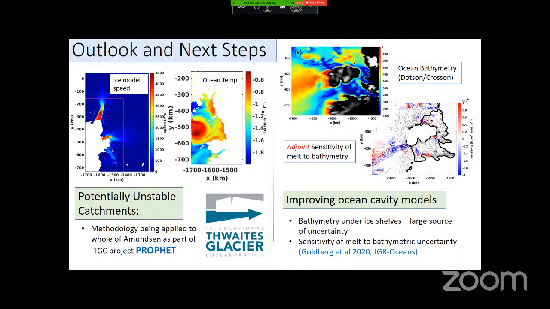It turns out that even though for a long time we didn't know much about the bathymetry under Dotson ice shelf, there are only a few places where we might need to know it to very high accuracy. So that might help guide our future geophysical investigations and serve to improve ocean modeling, I hope.